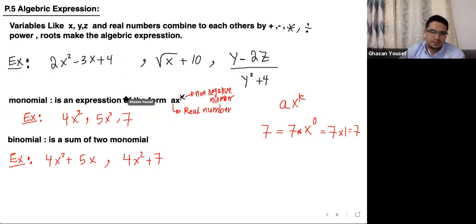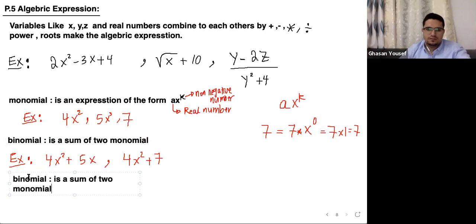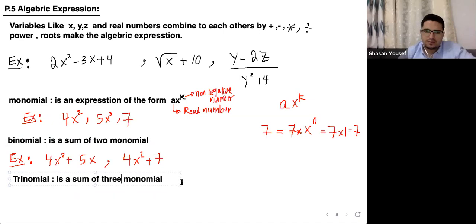Okay. Now, after the monomial and binomial, we're going to talk about the trinomial. The third one is the trinomial. A trinomial is a sum of three, instead of two, monomials. The sum of three monomials is called a trinomial.